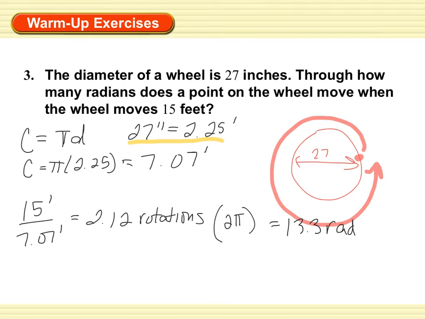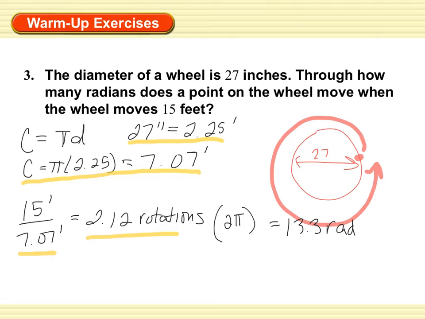I then used that 2.25 feet and found the circumference of that wheel. So 2.25 times pi gives me 7.07 feet. How many times does 7.07 go into 15? Did some division here and got 2.12 rotations.